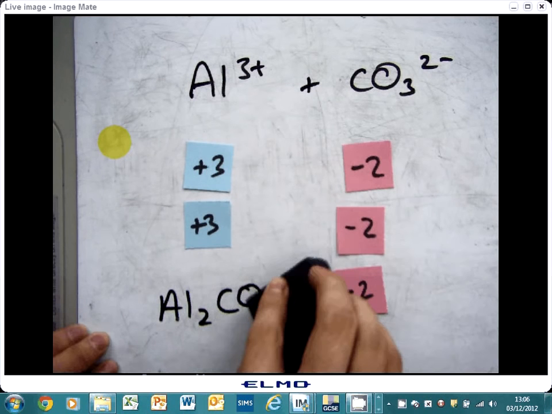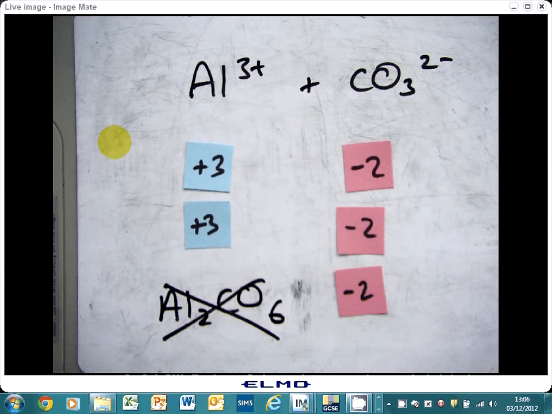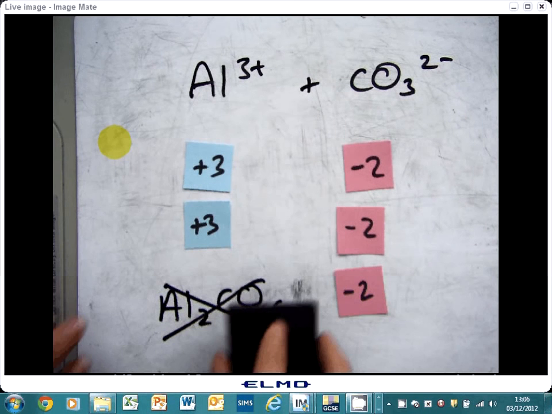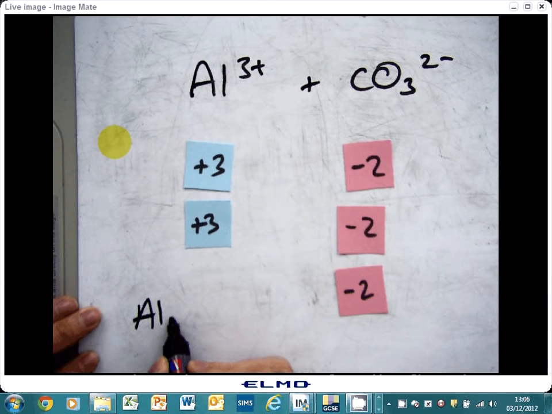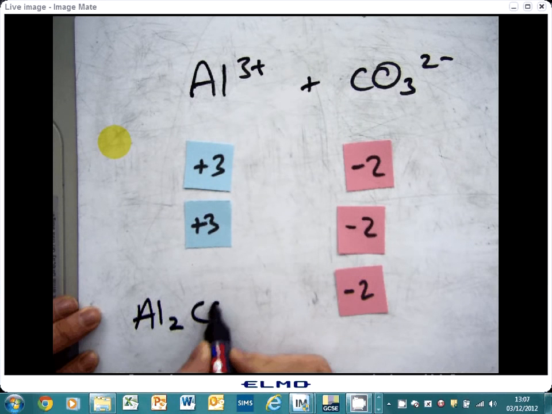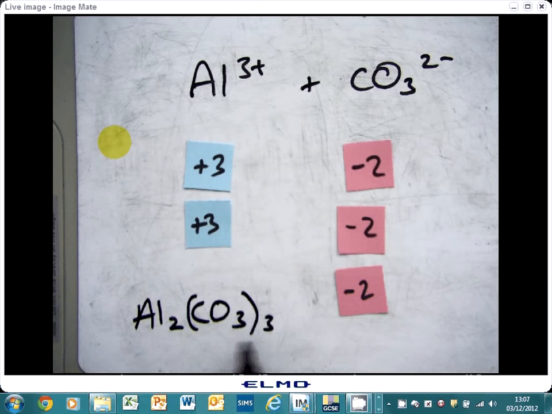I also can't write that. It's incorrect. What I'm actually doing is I'm saying that I've got 3 lots of these carbonate ions. So 1, 2, 3. So what I need to do is put it into brackets. So Al2(CO3)3, showing that I've got 3 of these carbonate ions reacting with 2 aluminiums.